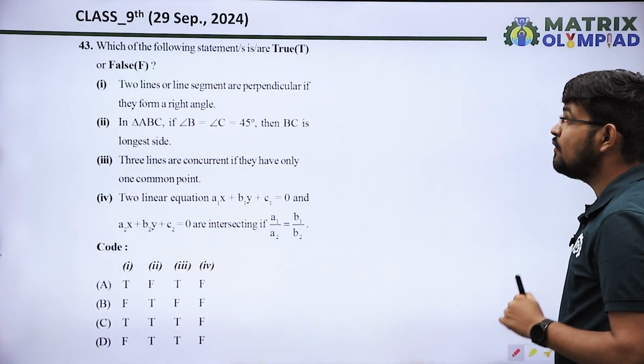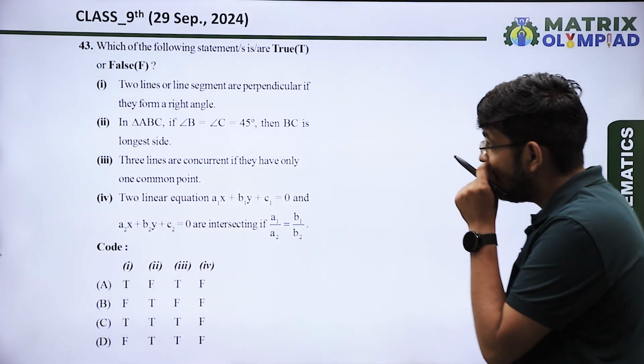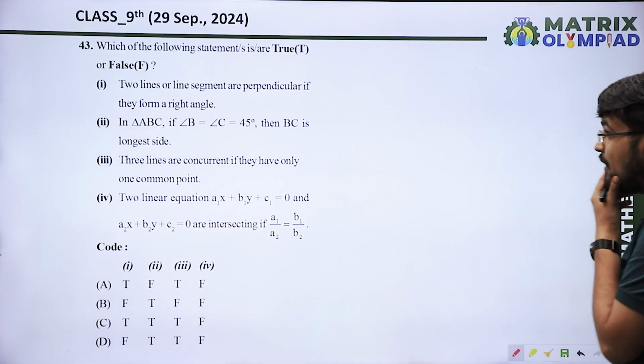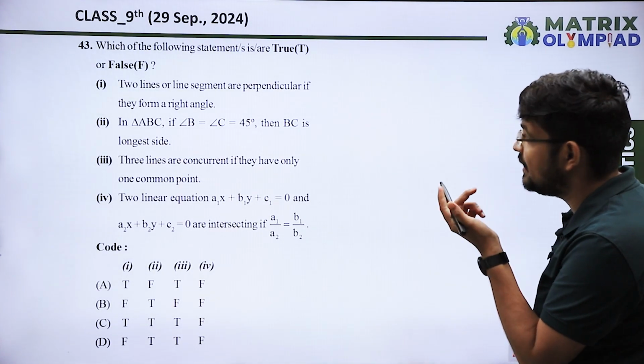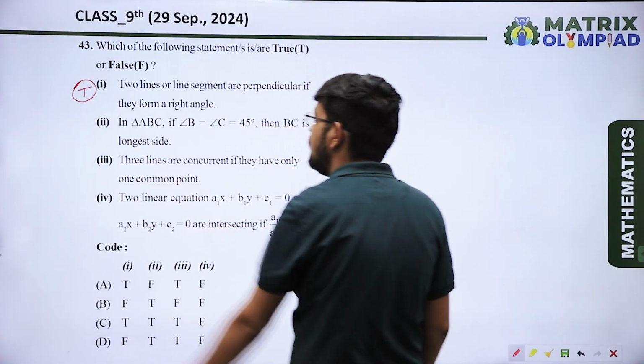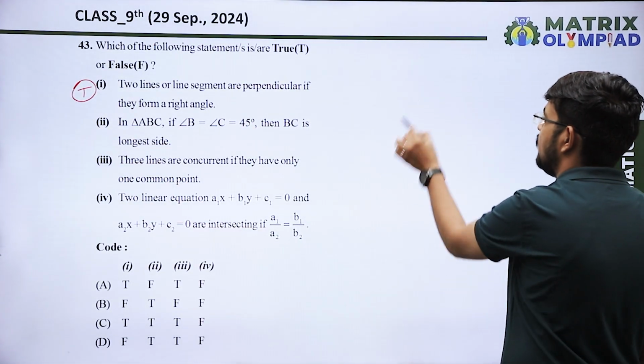Question number 43. Which of the following statements is true or false? First, two lines or line segments are perpendicular if they form a right angle. If they form a right angle, definitely they are perpendicular. So the first one is true. Second, in triangle ABC, angle B equal to angle C equal to 45.